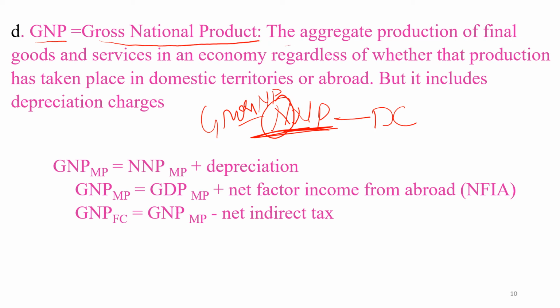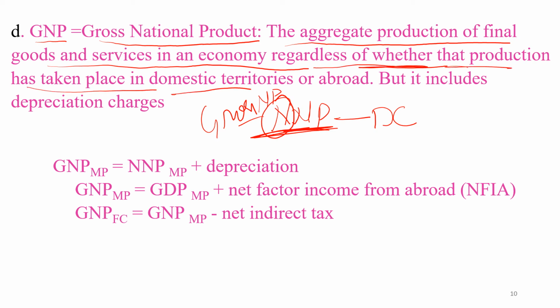Net national product: aggregate production of final goods and services in an economy, regardless of whether that production has taken place in domestic territories or abroad. But it excludes the depreciation charges.